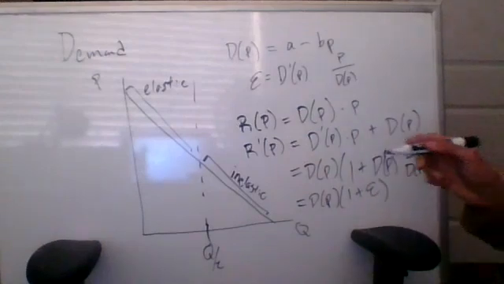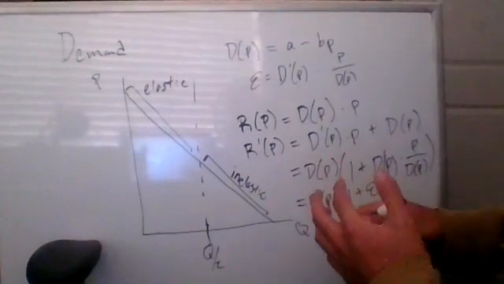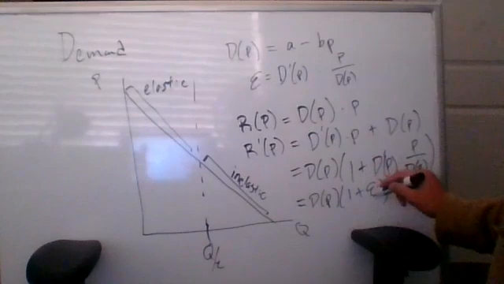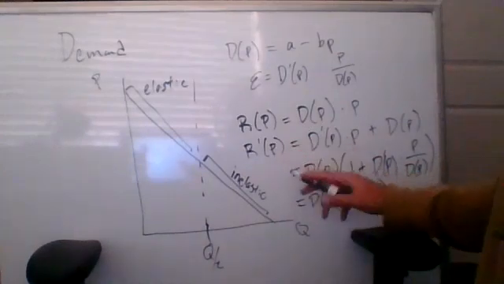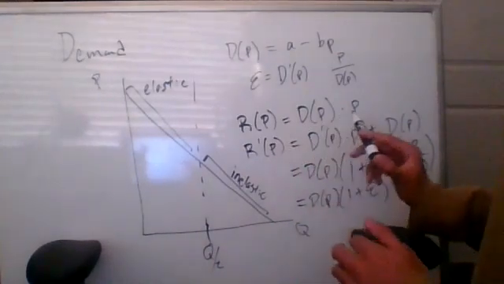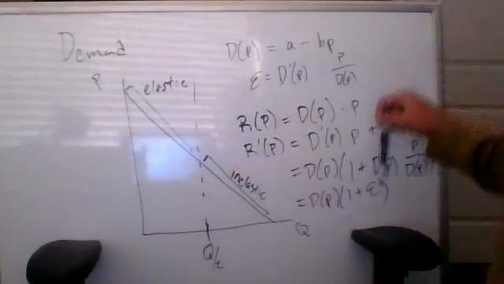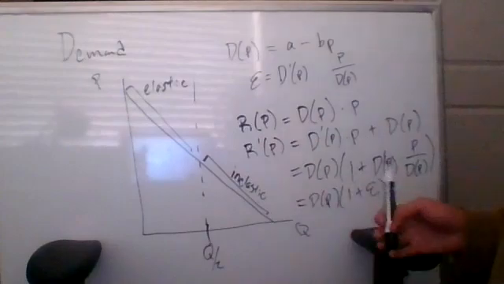Basically, what I'm trying to say is that if something is inelastic, then our revenue is going to go up as we increase our price. But if something is elastic, then our revenue is going to go down as we increase our price, right?